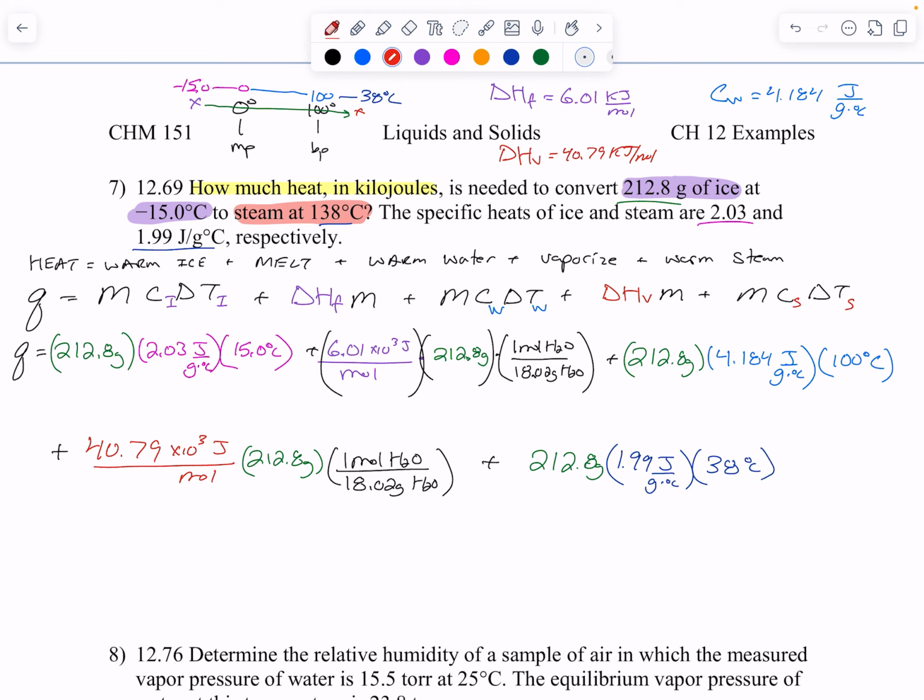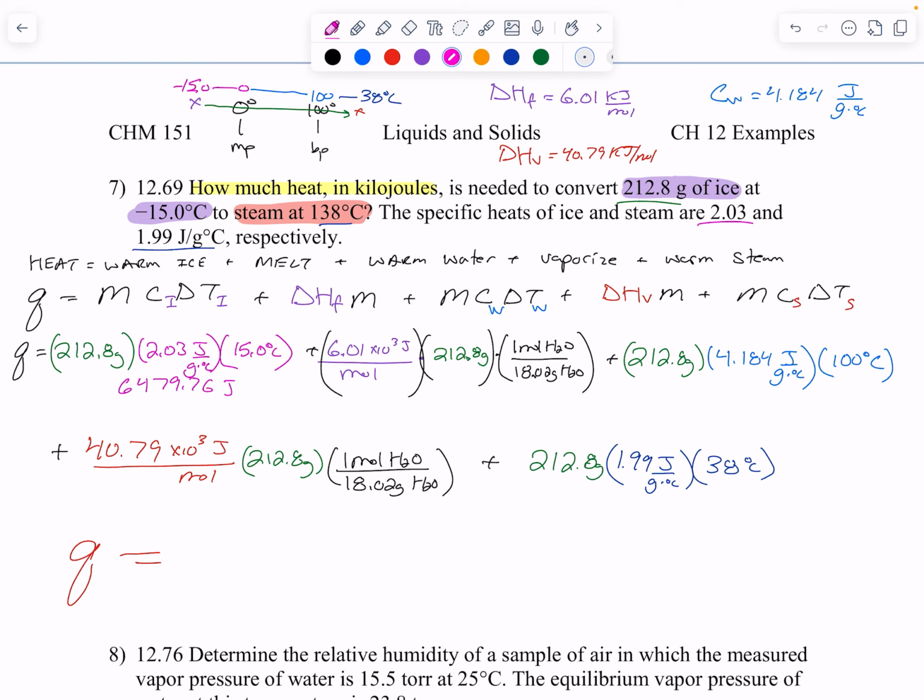Excellent. So overall, how much heat? You just add up every term. If we add up every term, what do we get? Well, 212.8 times 2.03 times 15. For the first term, I get 6479.76 joules.